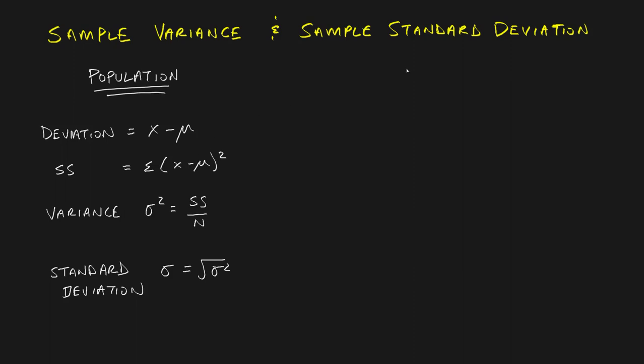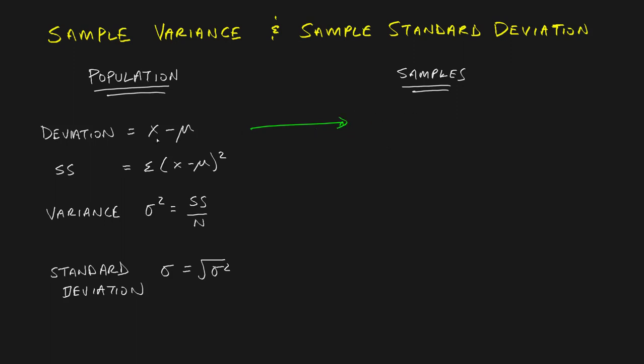We're going to use samples to take the place of populations, because populations are often difficult to observe directly. We usually don't have the resources to effectively measure or record all of the data in a population. So I'm going to need counterparts to the deviation, the sum of squares, the variance, and the standard deviation. I'm going to need to know how to deal with them when I'm working with sample data.